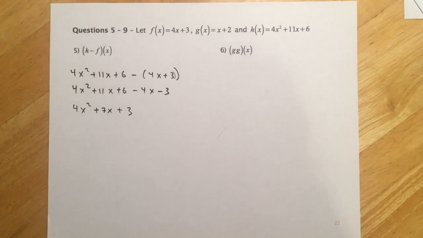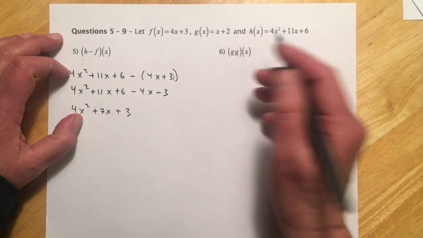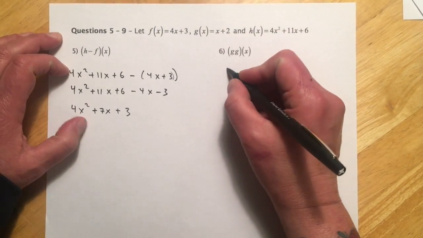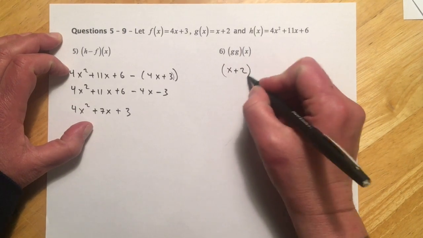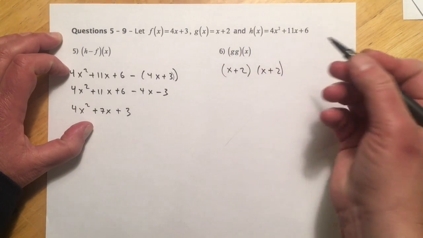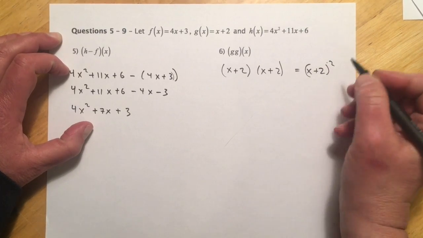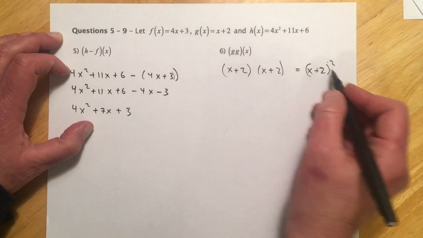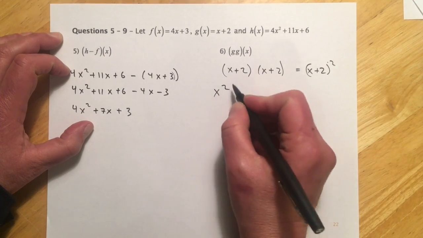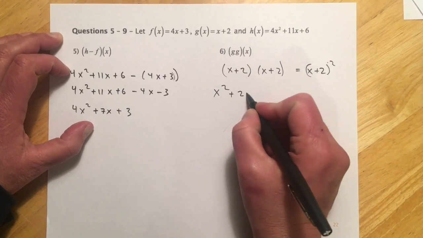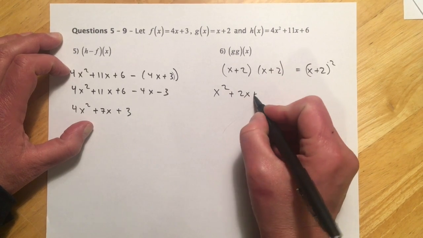The next one is g times g. And so it's just this squared. So you could write it as x plus 2, x plus 2, or you could think of it as x plus 2 quantity squared. Either way, if you think of it as FOIL or this, you're going to get x squared, and then plus 2x on the outside and another 2x on the inside.